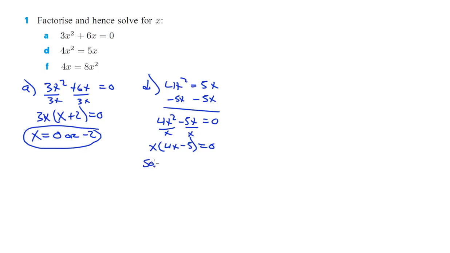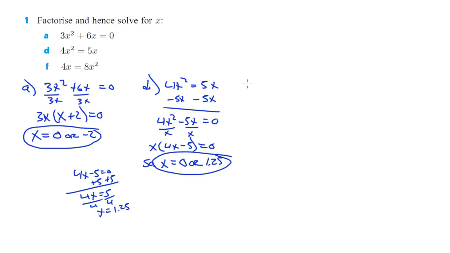So x can equal 0, or 4x minus 5 equals 0, right? So let's see, we've got 4x minus 5 equals 0, add 5, 4x equals 5, divide by 4. x is 5/4 or 1.25.